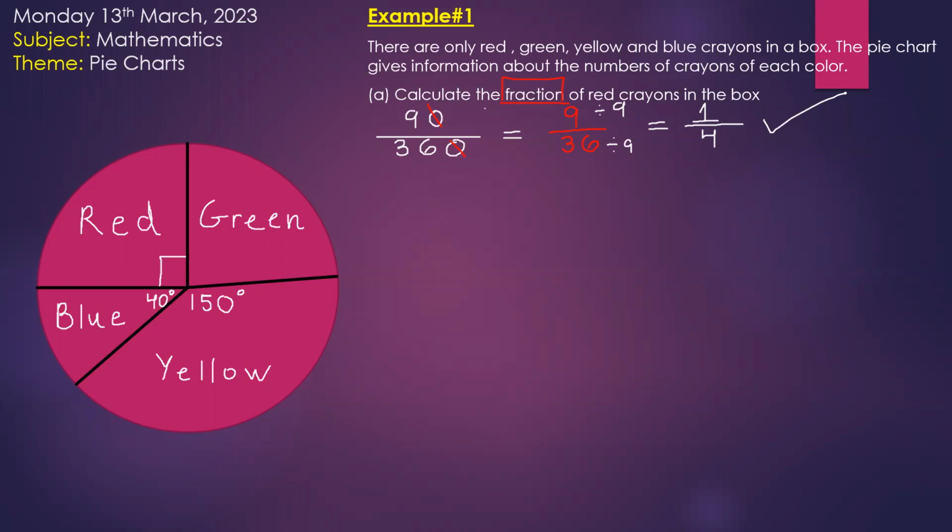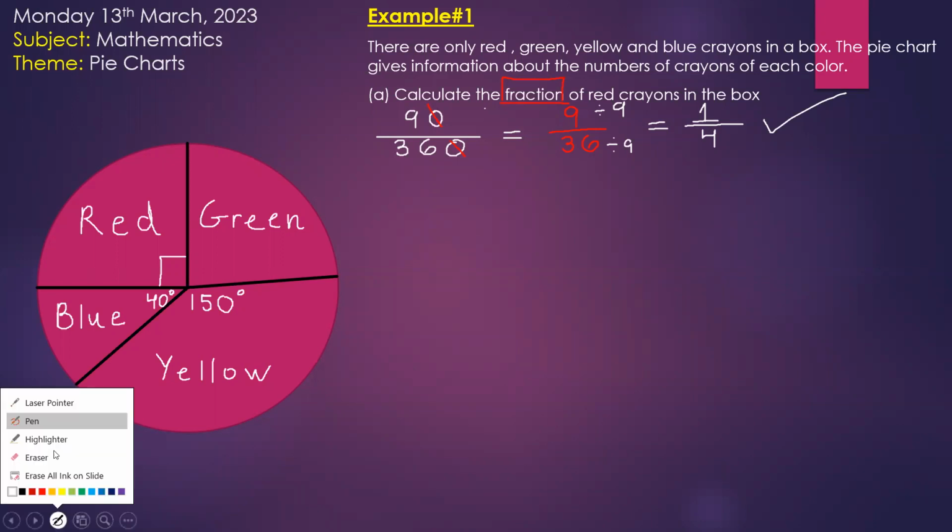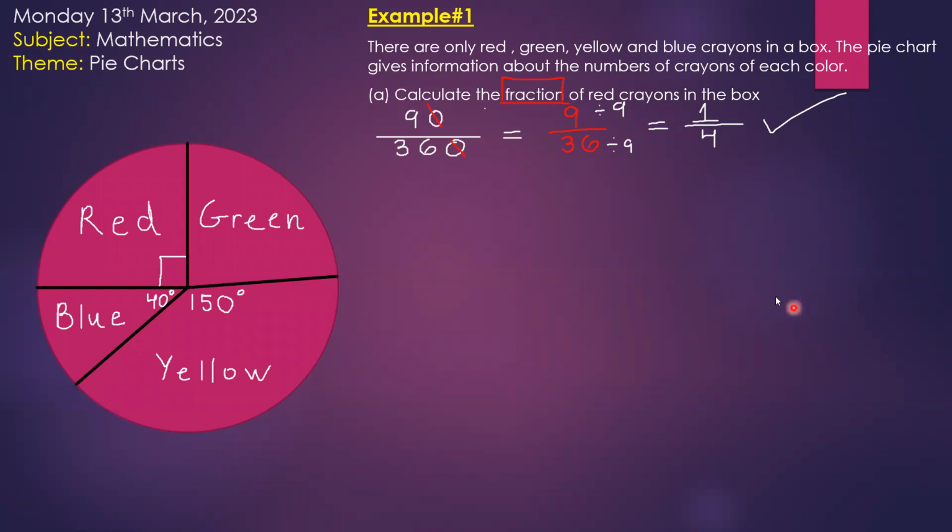All right, any questions on how we got that? All right, so I guess everyone understands. All we did was, they asked us to calculate the fraction of red crayons. So we know that the amount of red in terms of degrees is 90 degrees divided by the total, which is 360 degrees, and that equals 9 divided by 36, because we cancel out the zeros.